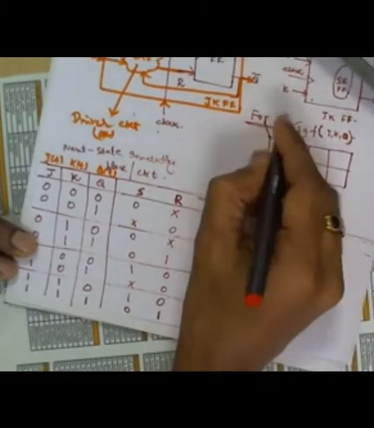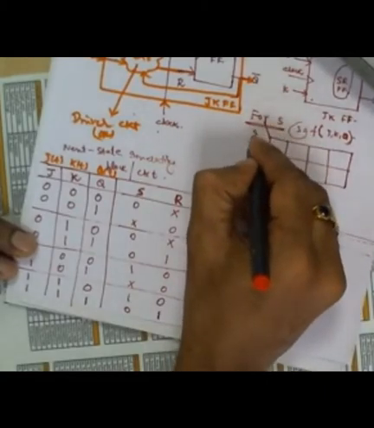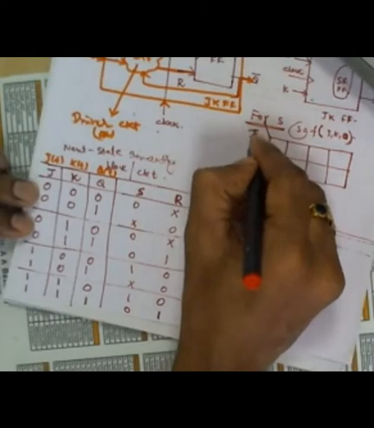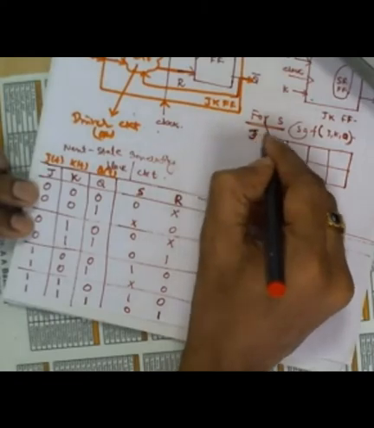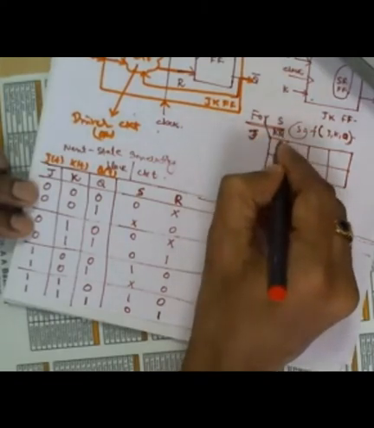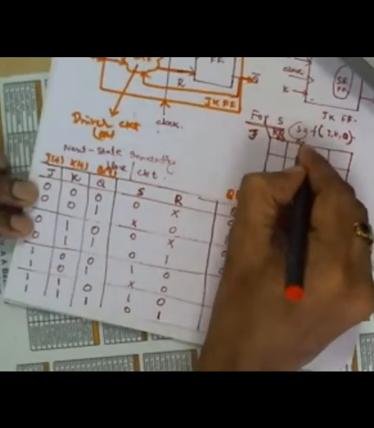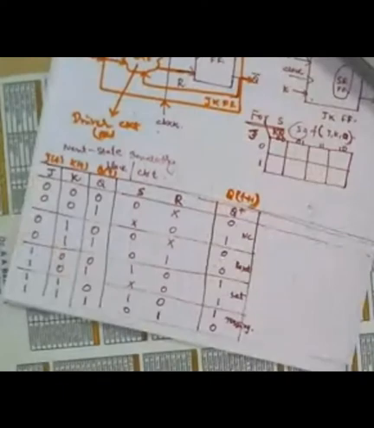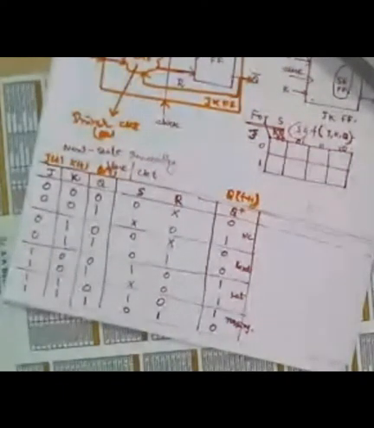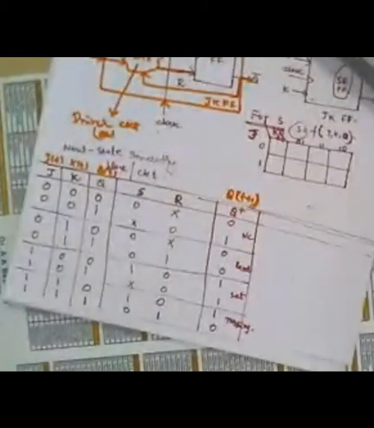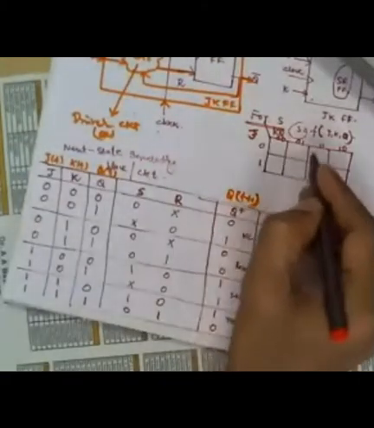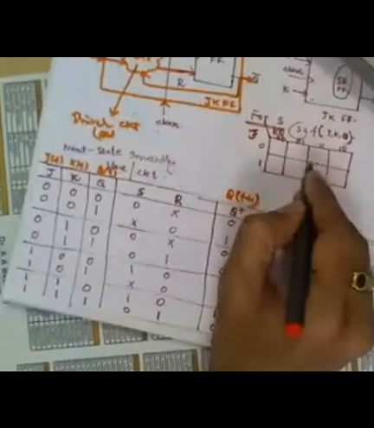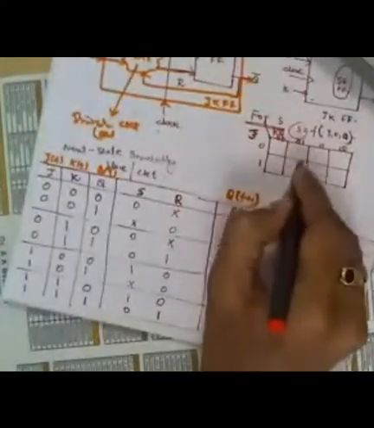Then I am writing here. J, K, Q: 0 0, 0 1, 1 1, 1 0 for JK, and 0, 1 for Q. You fill it up and tell me the equation for S. J Q bar.